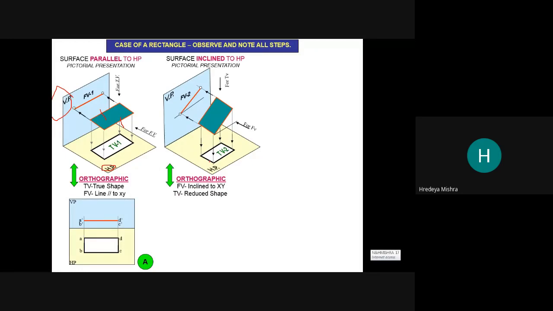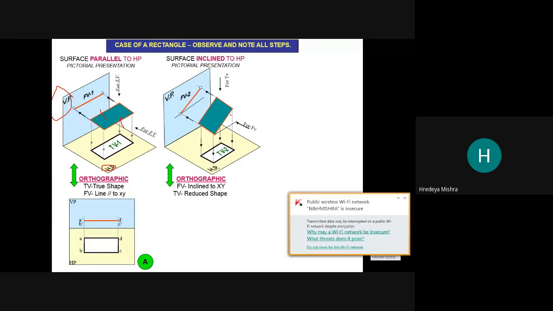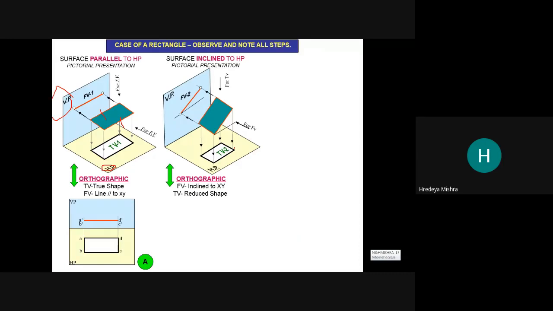This shape is reduced because we don't get the full length of the rectangle. We get full width, but we don't get the full length. See, A dash B dash is there, D dash C dash is there, and this is A1, D1, B1, and C1. Or we can say A, B, C, D is there.